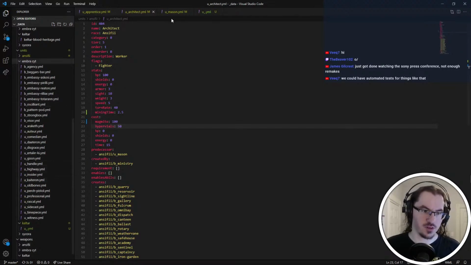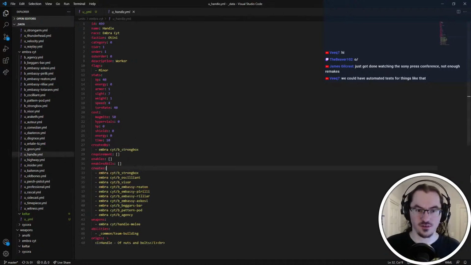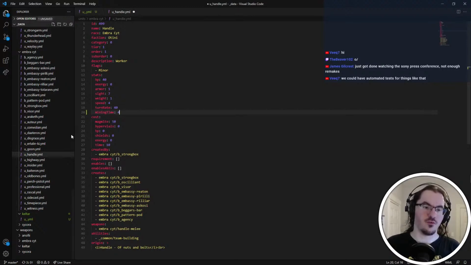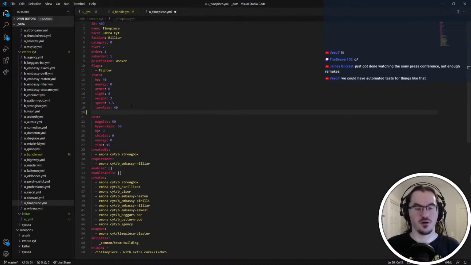Okay, so now we can jump into Ember Seat. And we can find our Otini worker, which is the handle. Here it is. We do mining time 4. And I know that the timepiece, that's the really R1. Could also be 4.